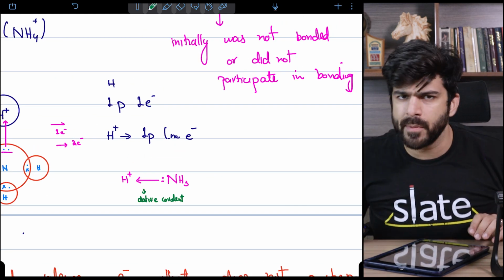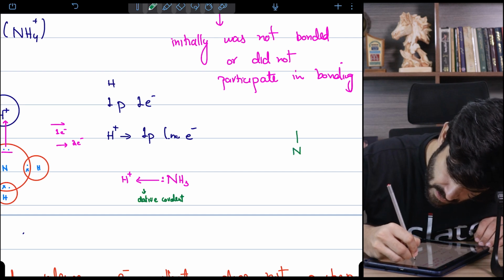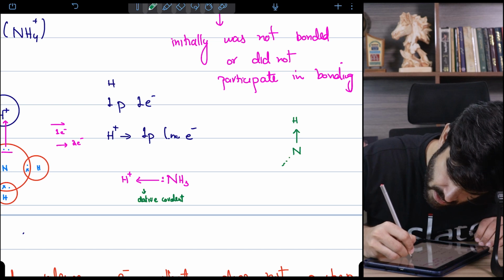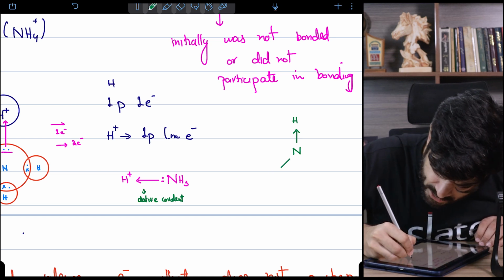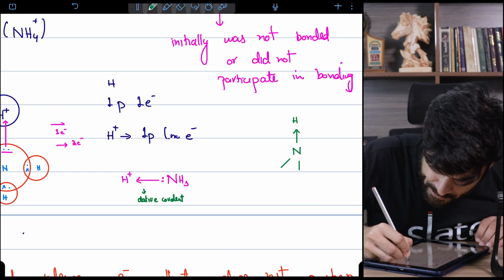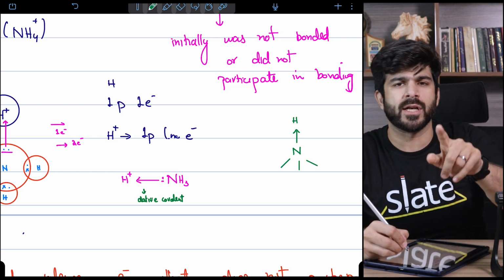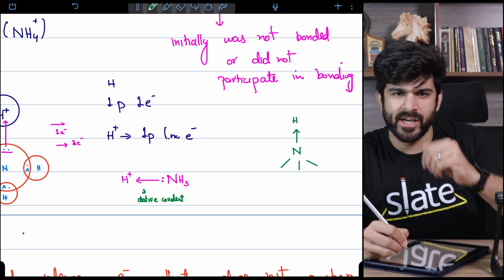So what will be the formula of ammonium? I will just make straight lines just to show you the concept. Otherwise, we cannot make these straight lines. We will make dot and wedge diagram that I am explaining in the topic of shapes later in chemical bonding.